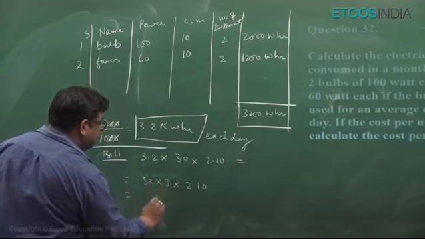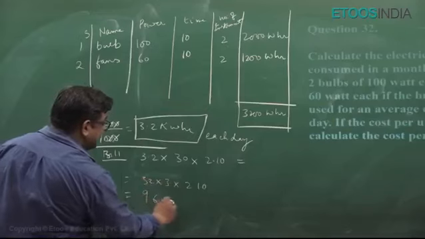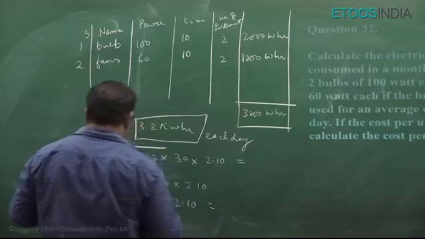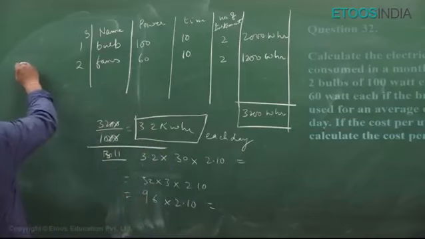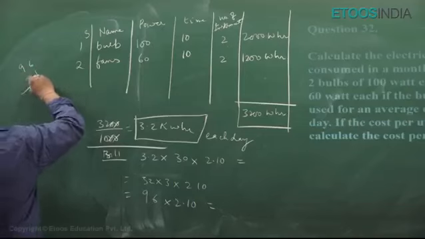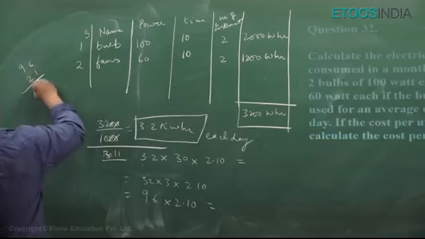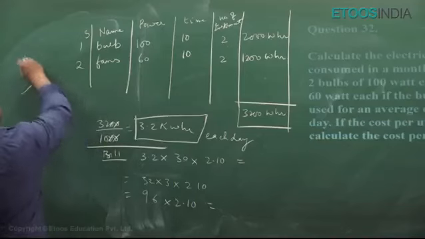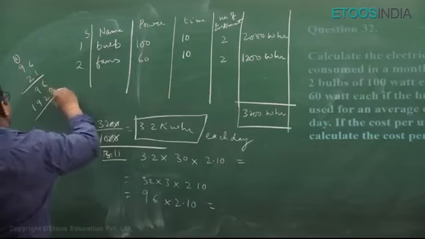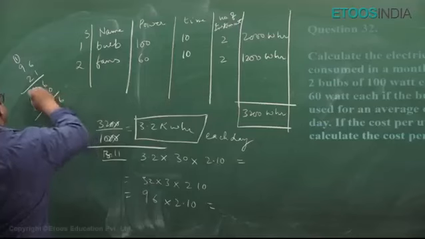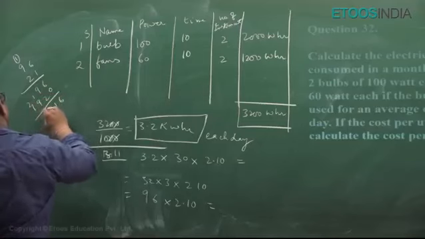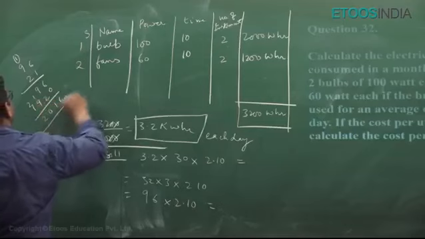So 96 into 2.10. So the answer will be, multiply 96 with 21, it will be 2016.